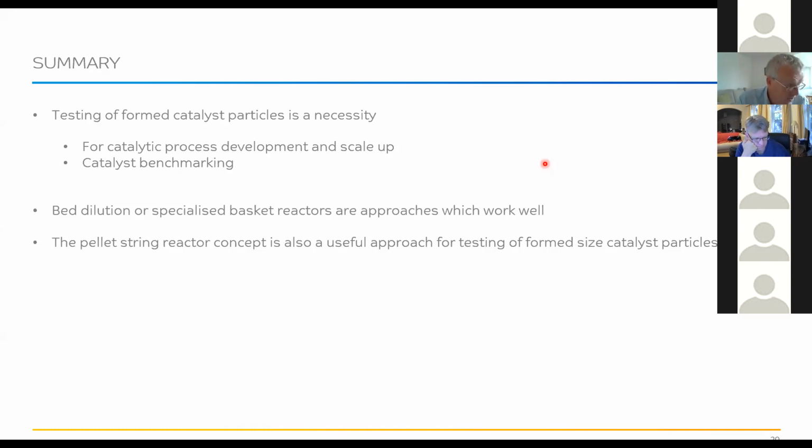And that's why I prefer to do the tests on the full size particle rather than taking the material and crushing and sieving it. So the whole purpose of testing the full size particle is to take account of the mass transfer resistances in what I think the performance of the catalyst would be related to a full scale process.